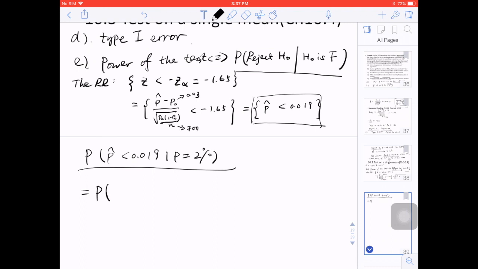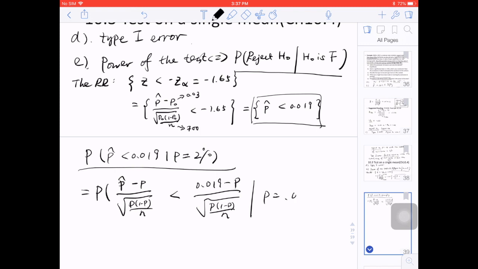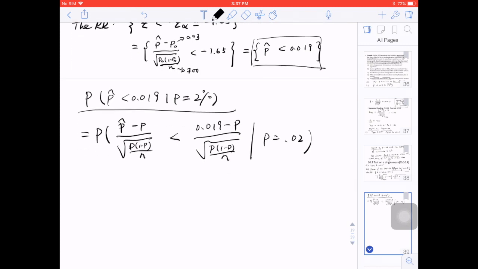Again, I'm going to transform P hat to Z. Okay, so it's equal to this: Z smaller than 0.019 minus P divided by the same thing. So given that P is equal to 0.02, I'm going to plug in the value of P here. Okay, and I also know the value of N, which is 700. So this is Z smaller than negative 0.19 if you calculate this part.